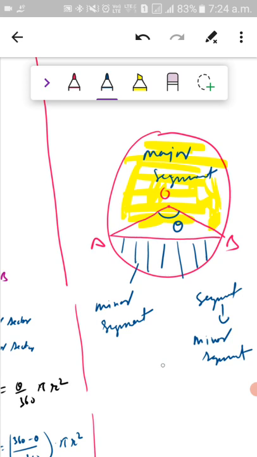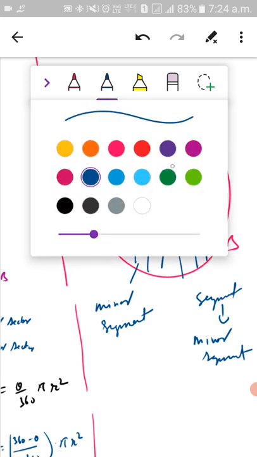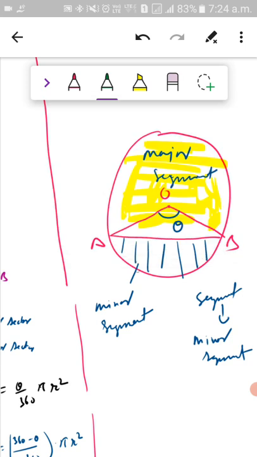You can see clearly, to find the area of the minor segment, we can find it by finding the area of this sector, let me say this sector is OAPB, minus the area of this triangle OAB.